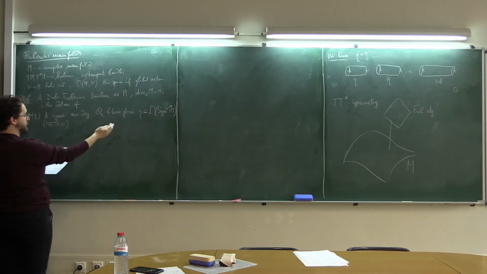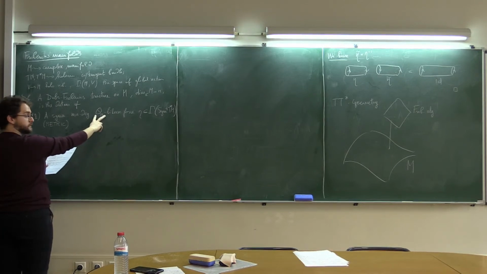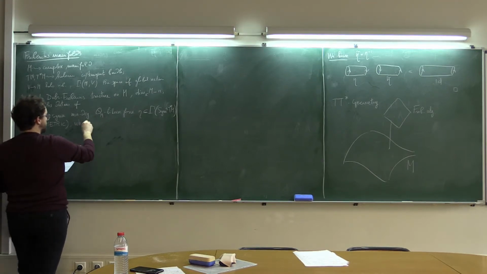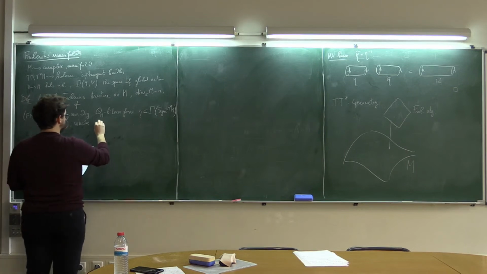It is not a Riemannian metric. It is bilinear with respect to the holomorphic functions. So it is not a Hermitian metric, so to say. And we require that its Levi-Civita connection is flat.